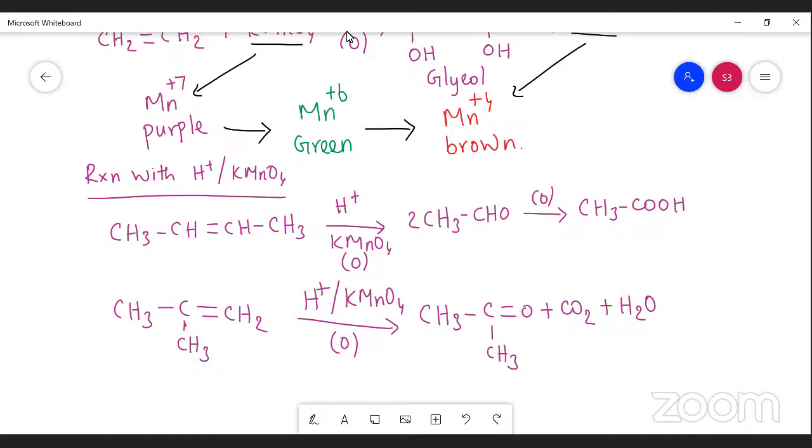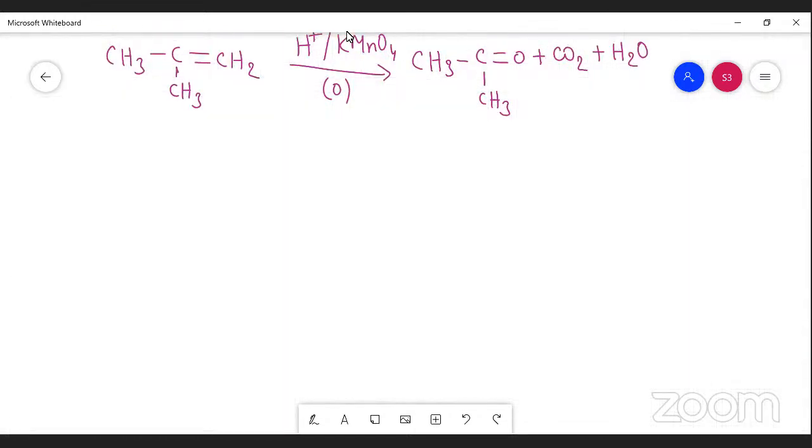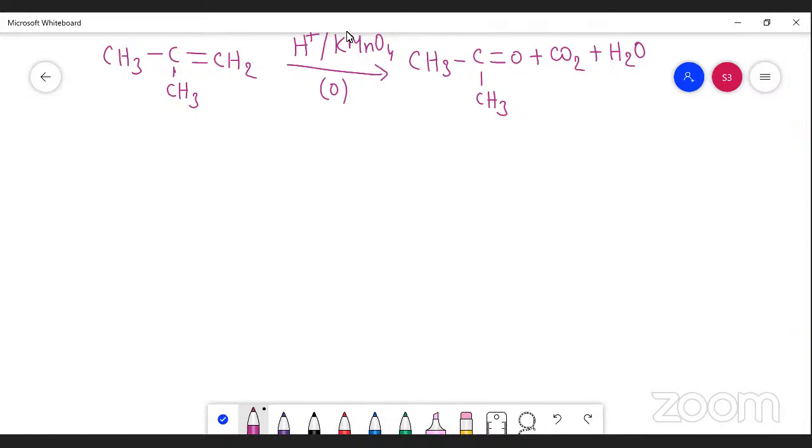So we are treating an alkene with ozone, and it is known as ozonolysis. Ozonolysis is a process of oxidative cleavage, that is cleavage of the double bond. Then it is known as the ozonolysis reaction.